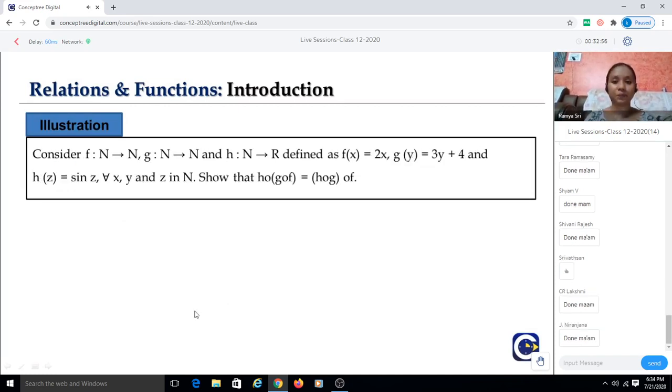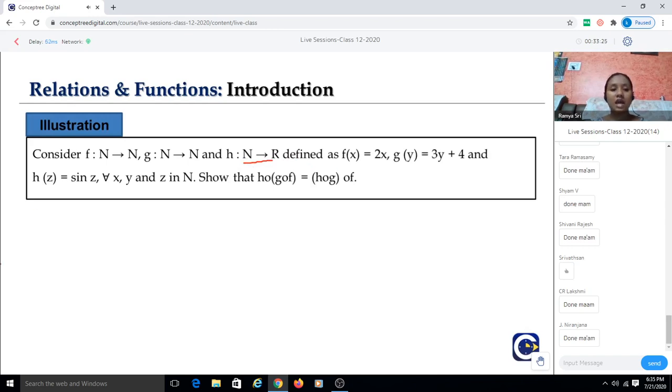So here we have the next question, which is related to our second property that we have discussed, that is associative, right? Here they have given: consider a function f mapping from N to N, that is natural numbers, a function g mapping from N to N, and h mapping from N to R, natural numbers to real numbers.